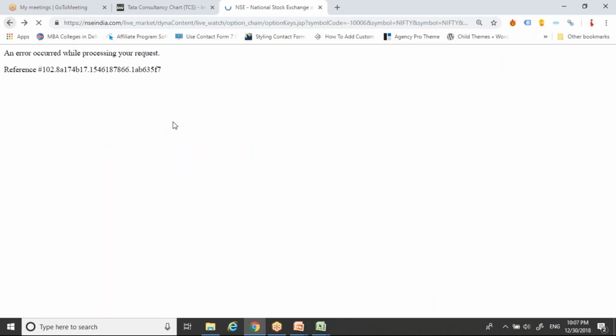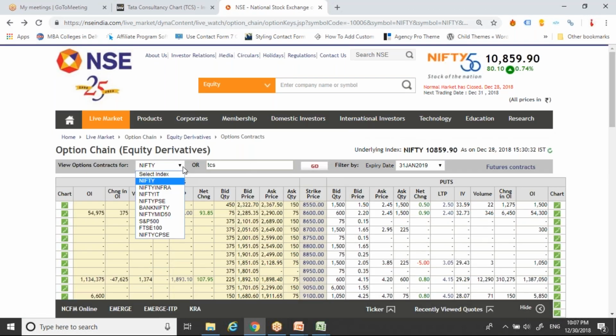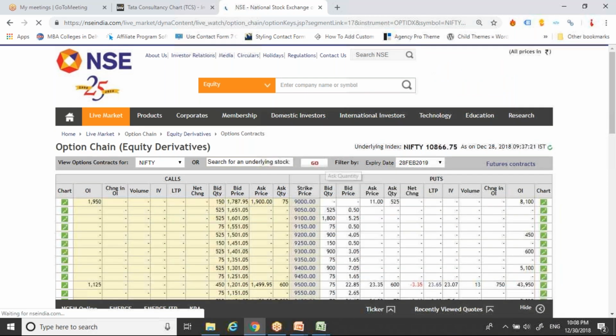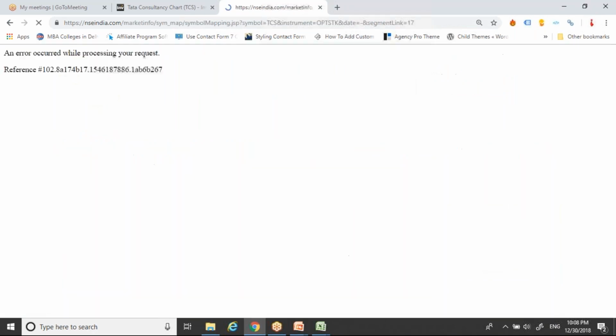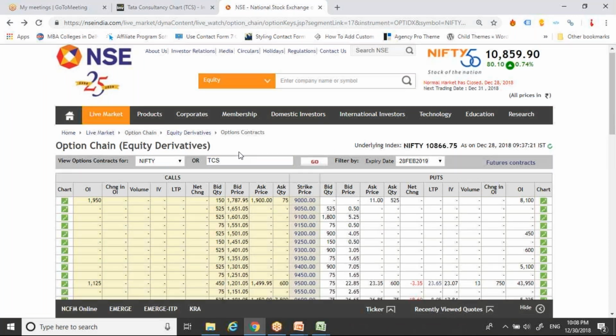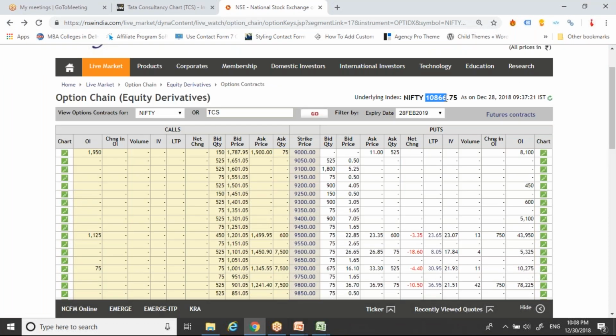Oh, we don't have TCS. TCS, January, February, let's see. There's some problem with National Stock Exchange option chain. If you want to take Nifty, you can take Nifty. So you have underlying asset, which is 10,086. Let's open the chart of Nifty.